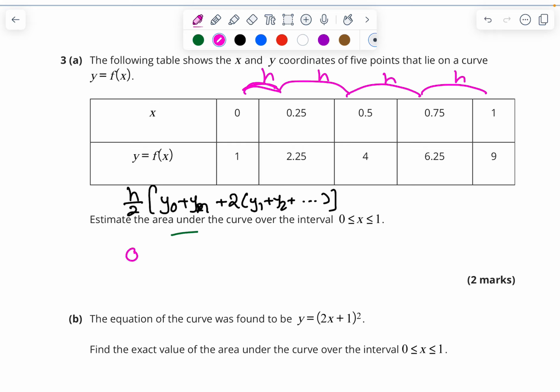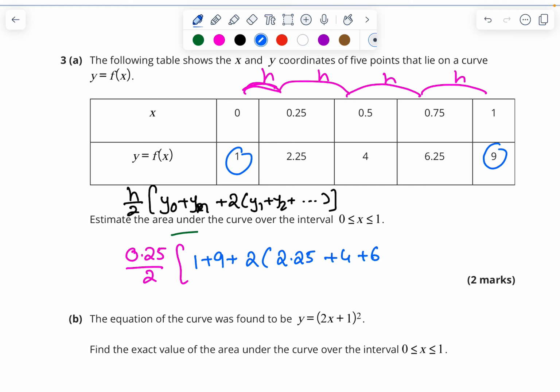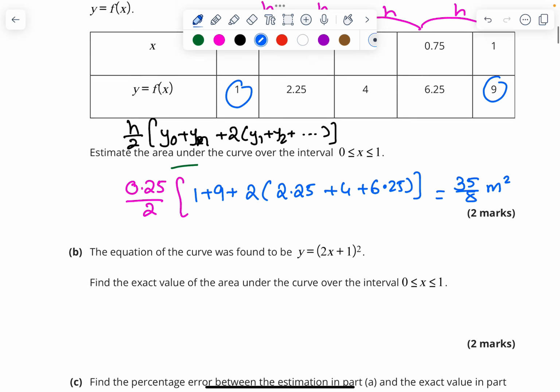So h is 0.25. Then h by 2, the first term plus the last term. The first term is 1, the last term is 9. 1 plus 9 plus twice the sum of the remaining terms: 2.25 plus 4 plus 6.25. When I take the calculator and simplify that, this answer is going to be 35 upon 8 meters squared. This is going to be the answer.